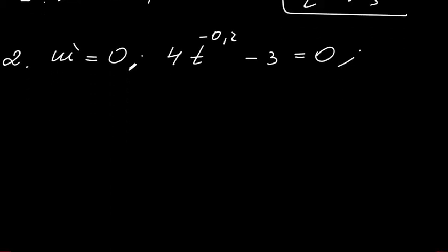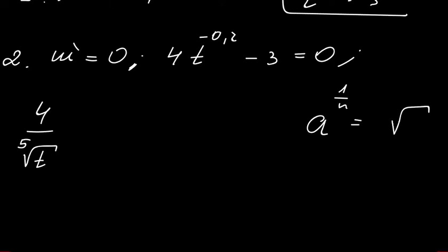Now, let's rewrite it like that, so it would be easier to understand what this is, because this is 1 over 5, and if something, let's say a, is to the power of 1 over n, it is the same thing as the nth root of a.